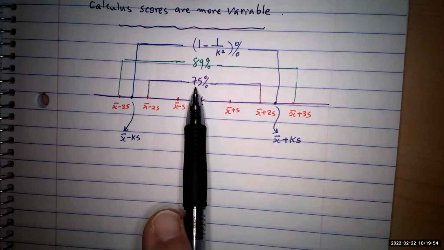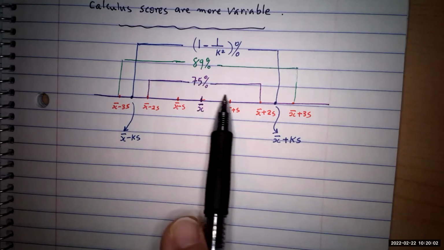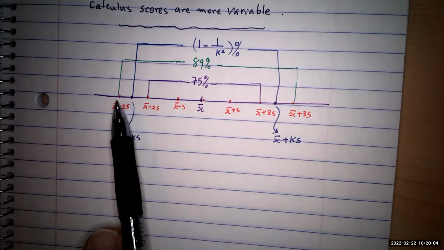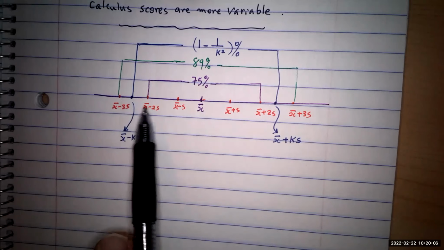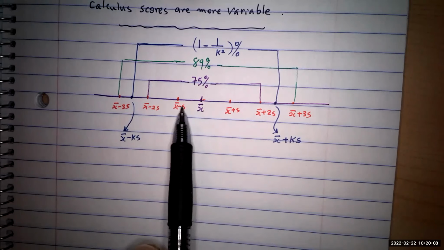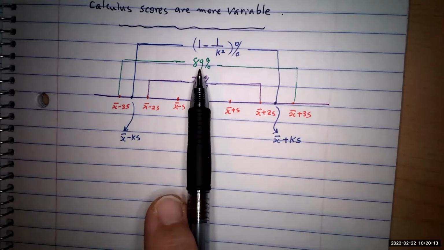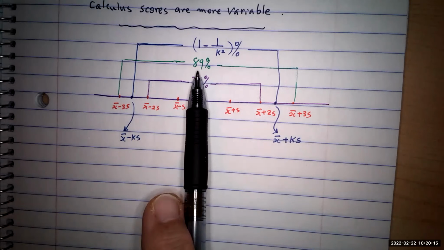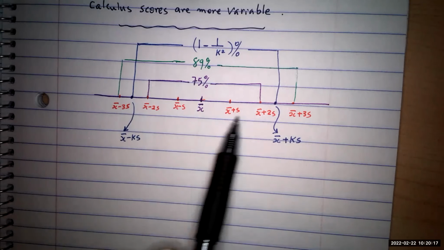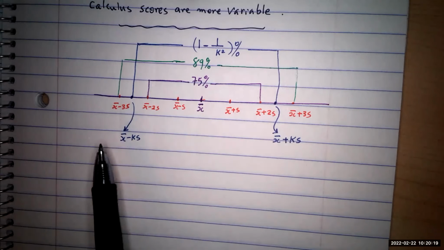It doesn't matter whichever data values you collected, this must be true all the time, at least 75%. Then if you would like to know how many of the numbers are going to be in the range of 3 standard deviations from the center, that number is at least 89%. So whatever you do, 89% of your values must be within 3 standard deviations from the center.